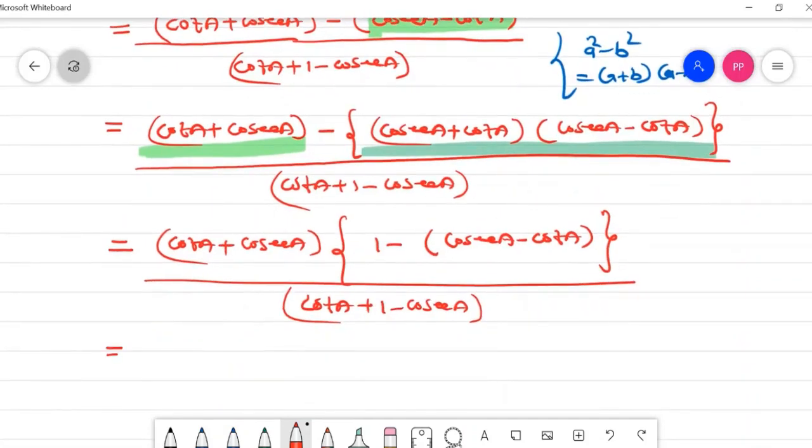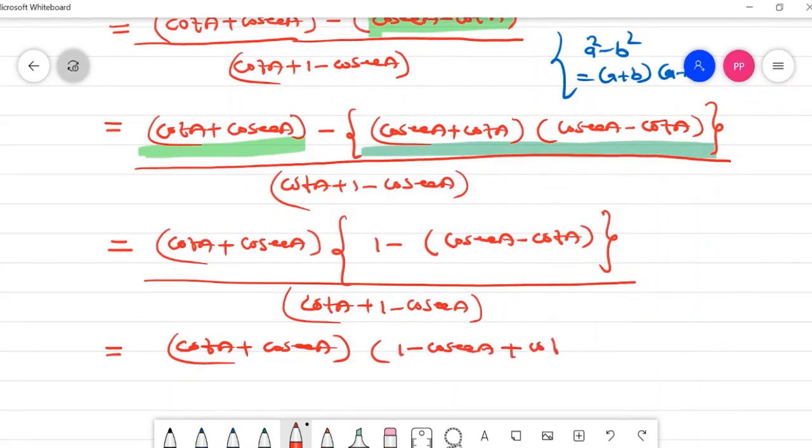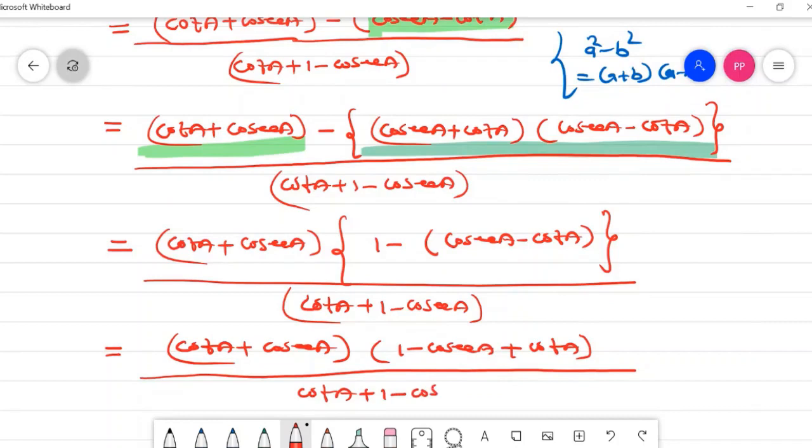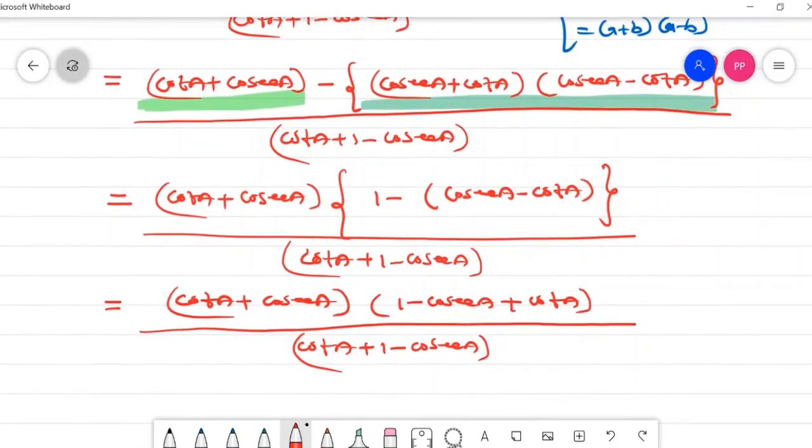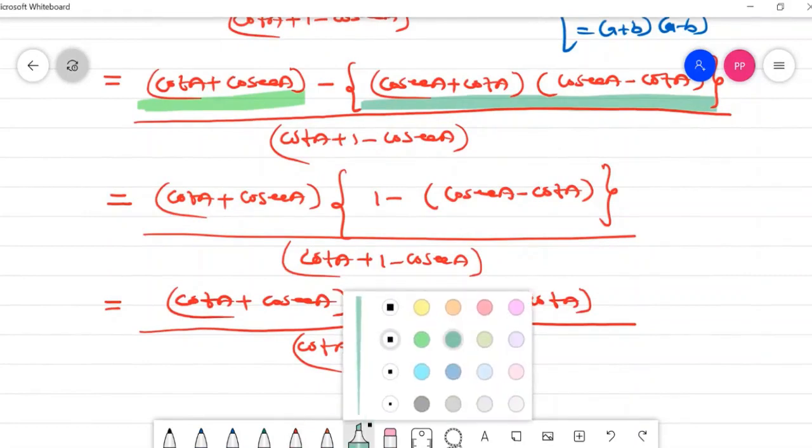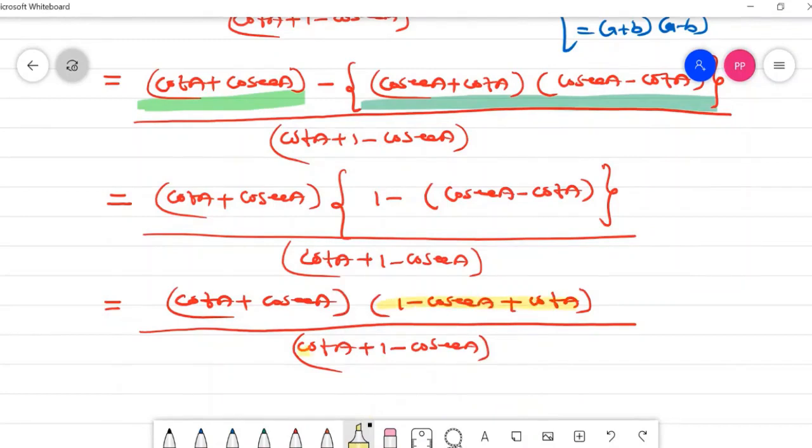Now friends, the numerator will simplify. We copy the first term as it is, that is (cot A plus cosec A) in bracket, into 1 minus; just expand the bracket with the minus sign, it becomes minus cosec A plus cot A. The denominator we copy as it is, which is cot A plus 1 minus cosec A. Now friends, if you see this carefully, the term in the numerator, 1 minus cosec A plus cot A, and the denominator, cot A plus 1 minus cosec A, are exactly the same.